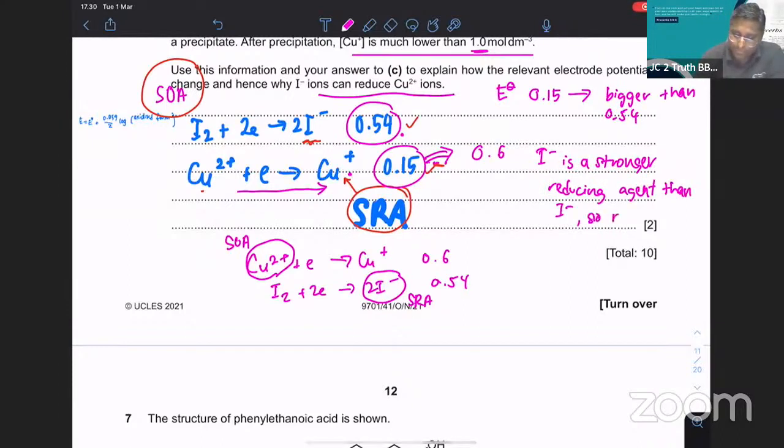So it reduces I2, sorry, it will reduce Cu2 plus, Cu2 plus to become Cu. So you refer to here, so you explain based on that.